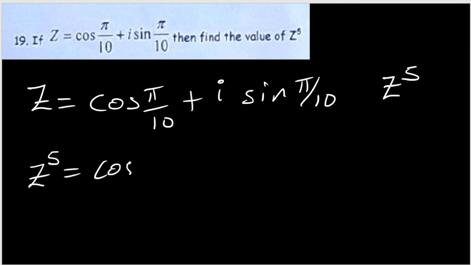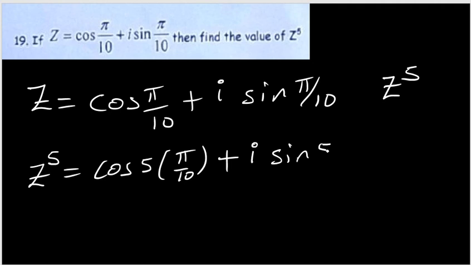So cosine of 5 multiplied with pi over 10 plus I times sine of 5 times pi over 10. If there was an r here, the 5 would be the exponent of that r, but there is no r here.